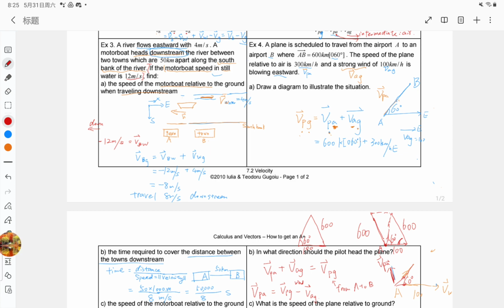I'm actually not so sure about this one. I think it requires some calculation in order to calculate this angle. I don't think it's that obvious to me.